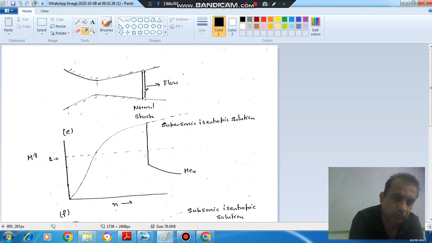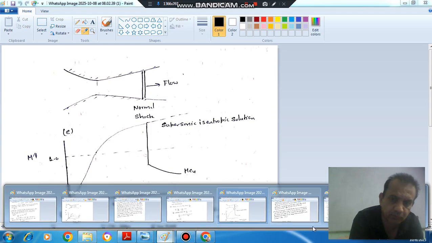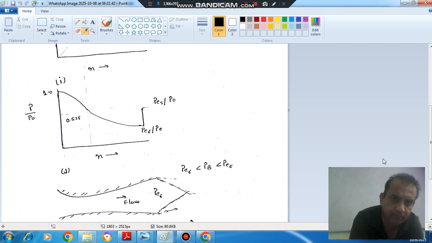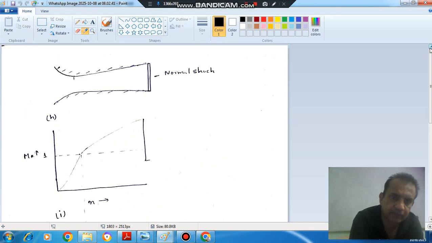So the location of the shock wave is dependent upon the pressure we maintain at the exit of the nozzle. It can be here, here, here. As we decrease the pressure, the shock wave will move towards exit. So suppose when the exit pressure is PE5, the shock wave is at the exit of the nozzle.